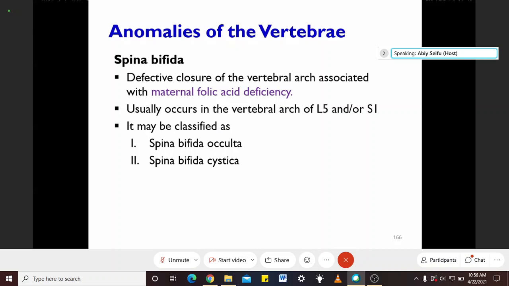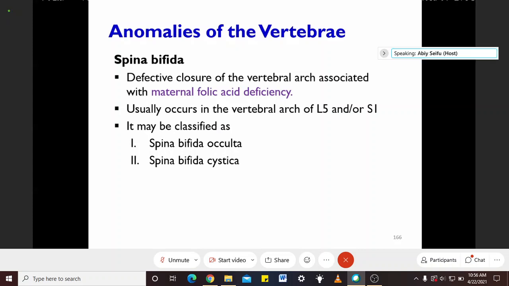Okay, the other anomaly or clinical feature is spina bifida, which is a congenital defect. A congenital defect means a defect that occurs before birth.